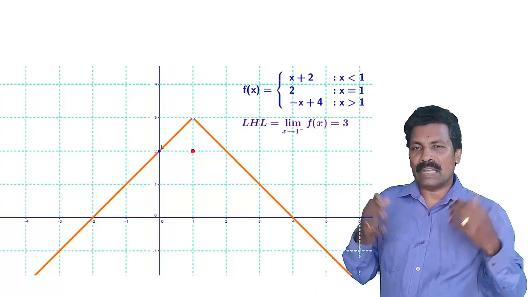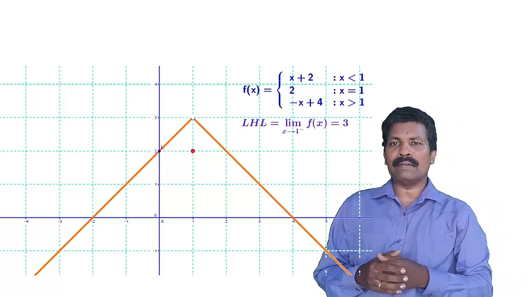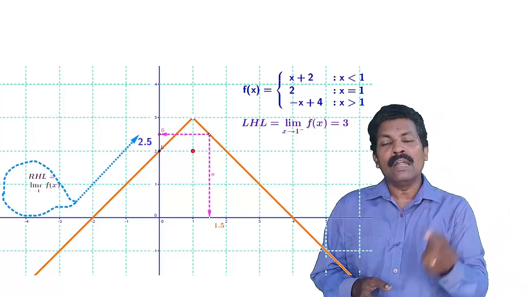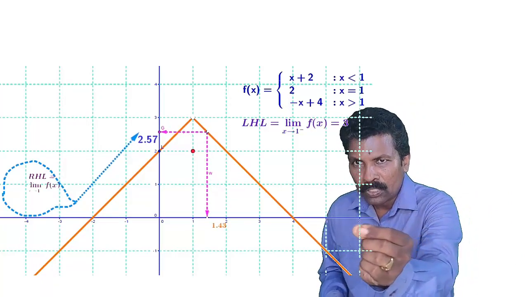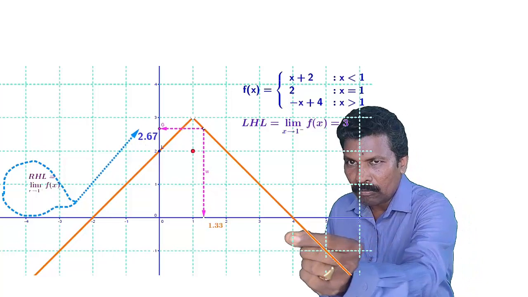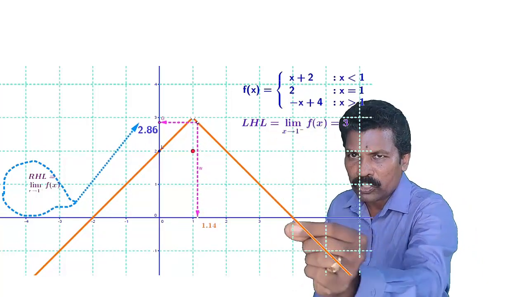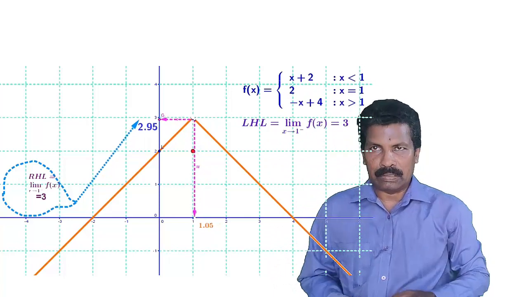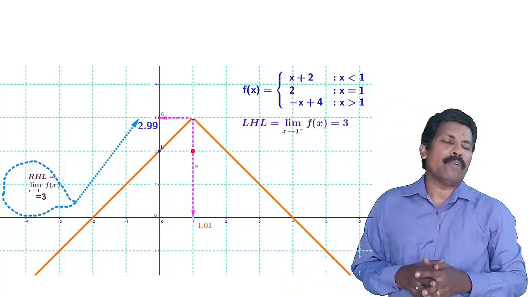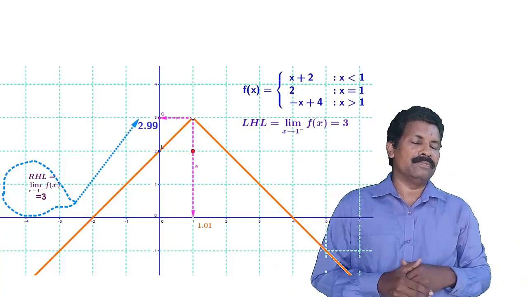Now what about the RHL at x equal to 1? So we are taking values slightly greater than 1 but approaching 1. So see, x is approaching 1 and f of x is approaching 3. So the tending value of f of x is 3.